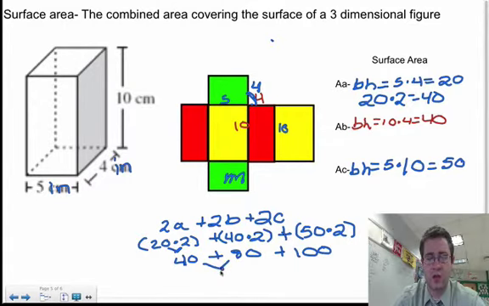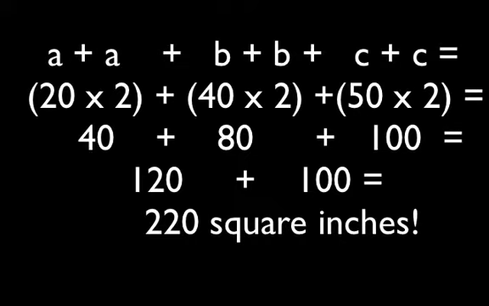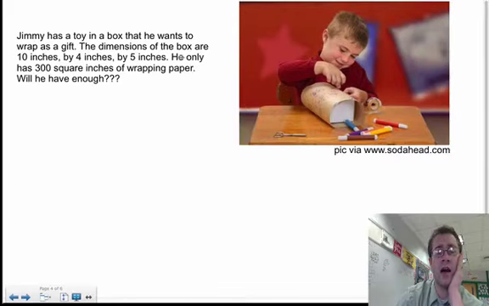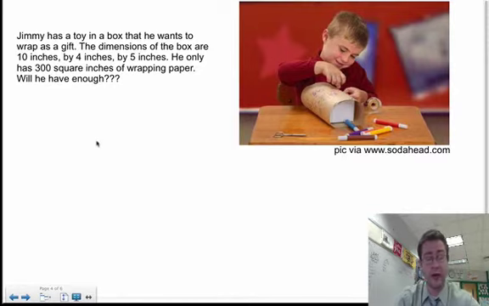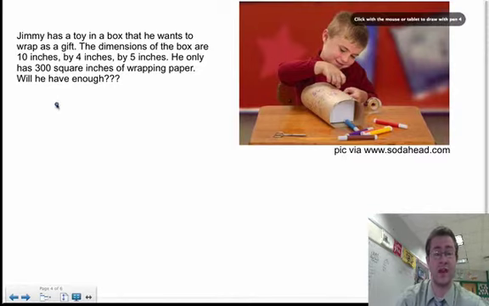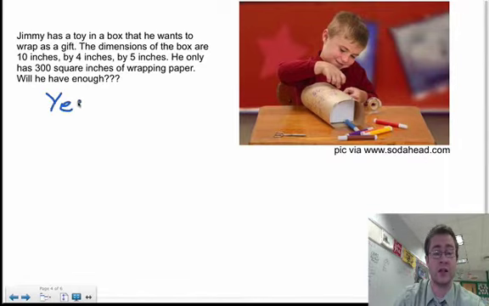And so we get 120 plus 100, or 220 inches squared. I only have 300 square inches. Well, I had 220 when I figured out the area. So will I have enough? My answer is yes. I only need 220. Or he only needs, sorry.